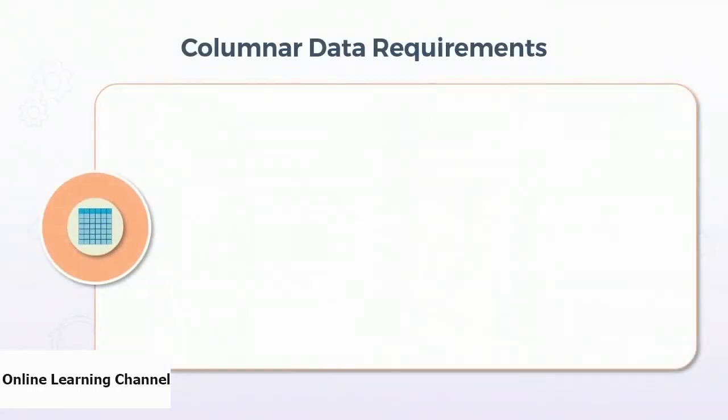Next, we have columnar data stores. These data stores are also denormalized, meaning that duplication of data is chosen over compressing the data by removing duplication. This is primarily for performance. Columnar data stores have a simple schema consisting of column families, or groups of columns that can be quickly accessed together.